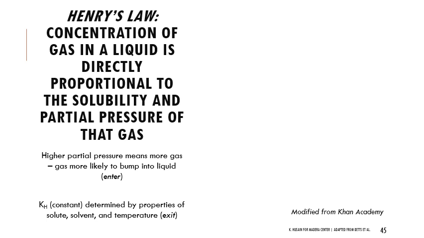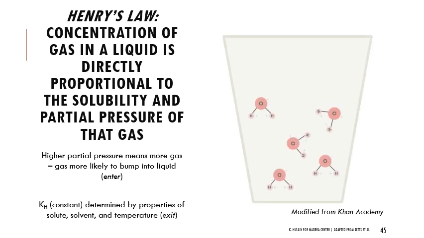So we're going to work our way through this formula. One thing that I want you to keep in mind is that we're thinking about how gases enter a liquid, and we're also thinking about how gases exit a liquid. So let's say that we have a beaker, and that the beaker has a bunch of water in it. But regardless of whether the glass is half full or half empty, there's some combination of liquids and gases here.